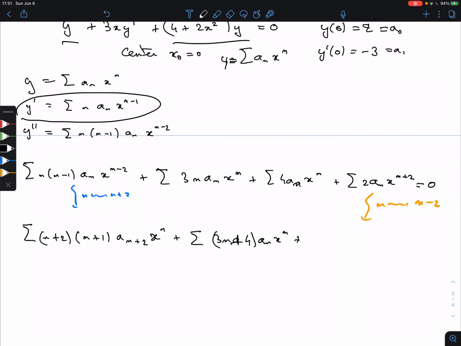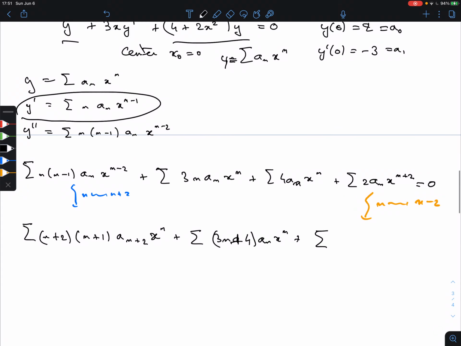These upper shifts with the plus won't affect our bound, we always start from 0, but this one will. So it's n minus 2 from 0 to infinity, which means really n going from 2. And then we get 2 a_(n-2) x to the n minus 2 plus 2, that's x^n.